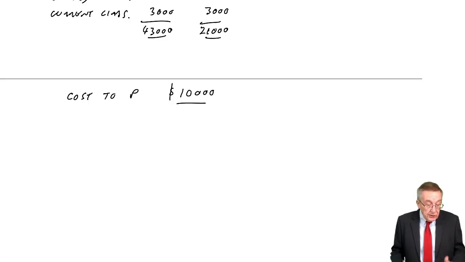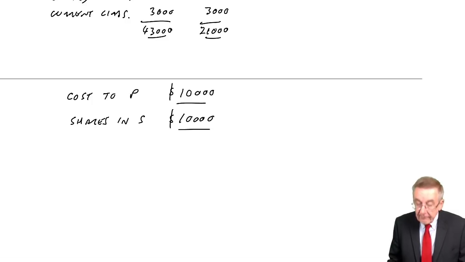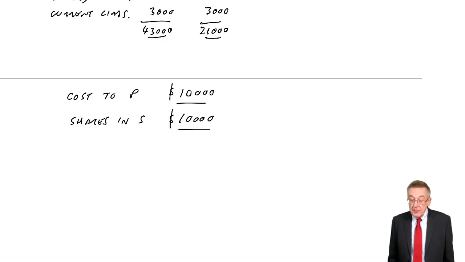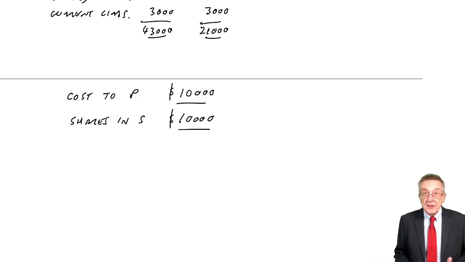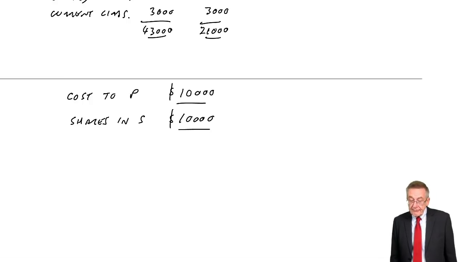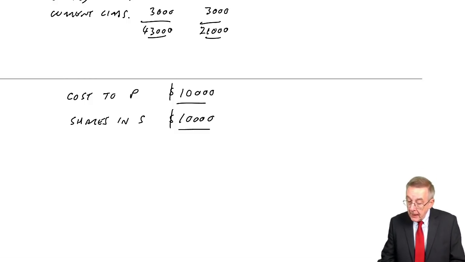Well, they bought 100% of S's shares, at 10,000. At the date it was incorporated, which is when P bought the 100%, the value of S was 10,000. They simply issued some shares. They'll have just had cash of 10,000. And so, if you like, it checks. However obvious that may have been, you'll see why I'm doing that later.